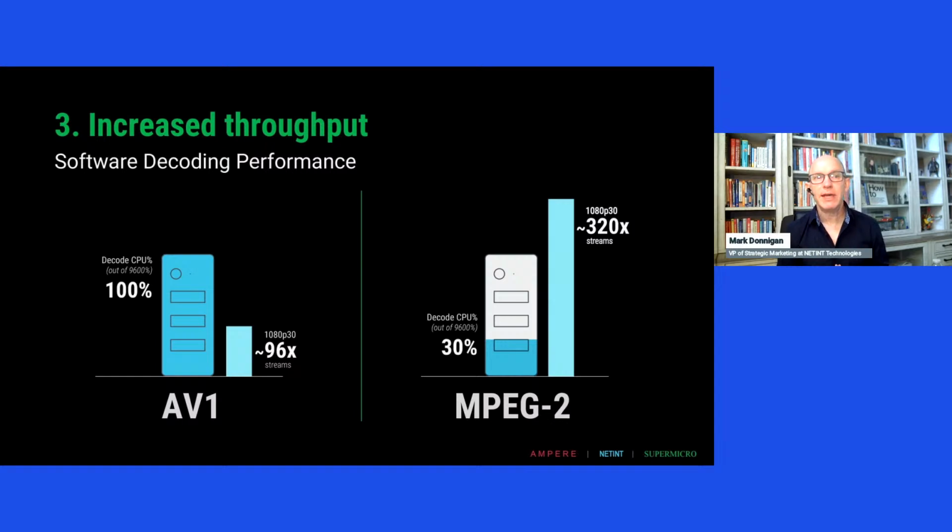So for AV1, just starting there, we use the very popular open source dav1d, which, by the way, if you're wondering how to play back AV1 on devices that still don't have hardware support, dav1d is a wonderful, very efficient, really highly developed open source player. Highly recommend looking into it. But in this solution, we were actually able to decode in software 96 1080p streams.